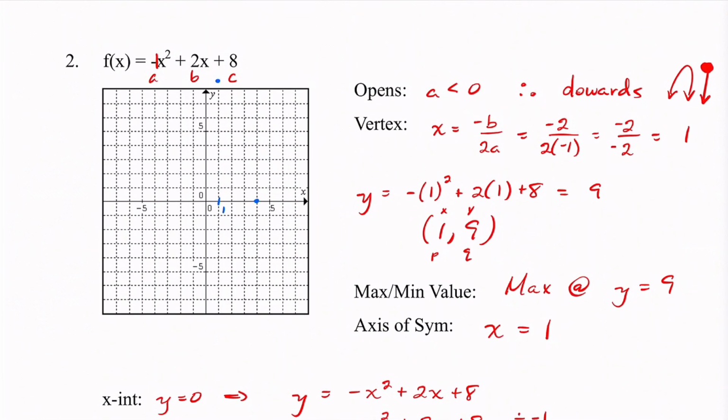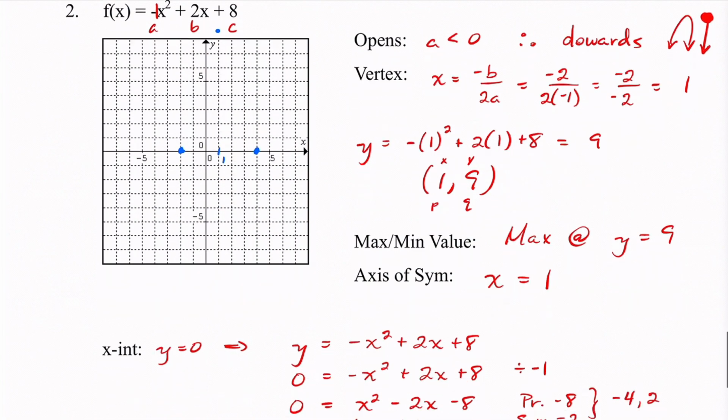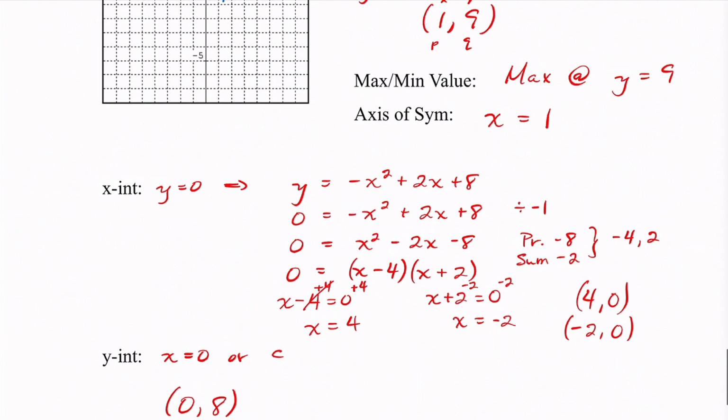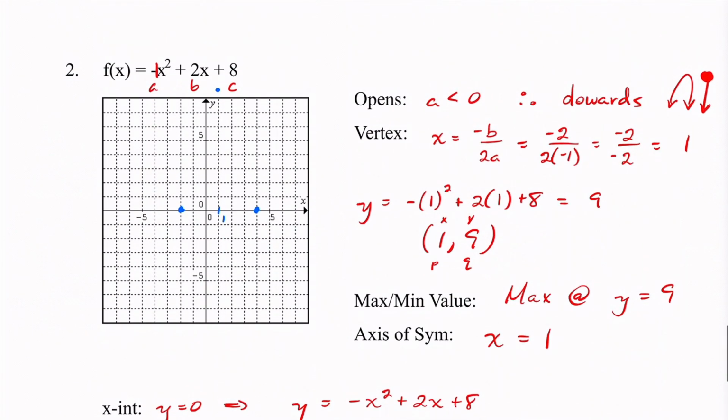So 4 and 0, that's right there, and -2 and 0 is right here. Our y-intercept we had found was at 0 and 8, so 0 and 8 is right there. Okay, and then I can graph my parabola going through those points. And make sure you got arrows on the ends of your parabola.